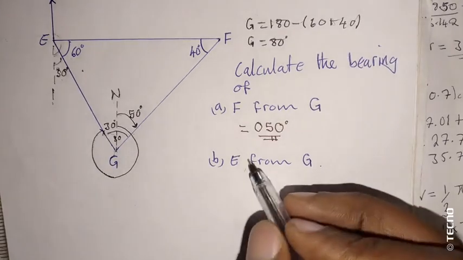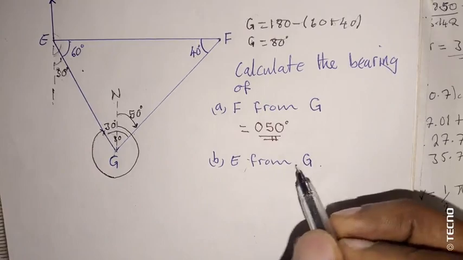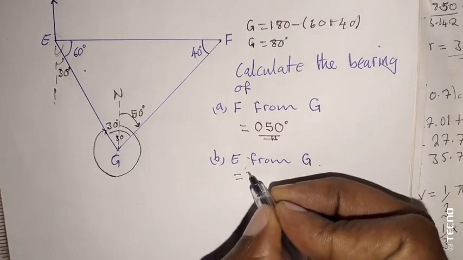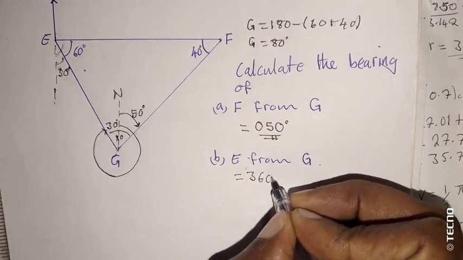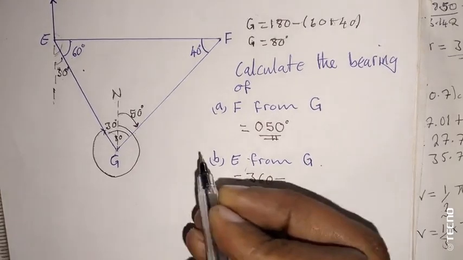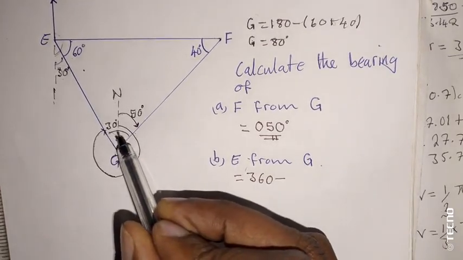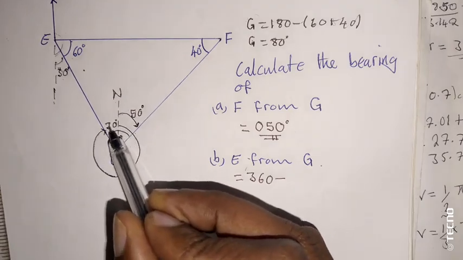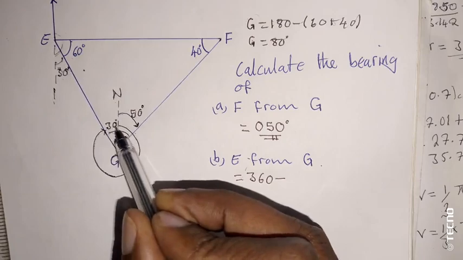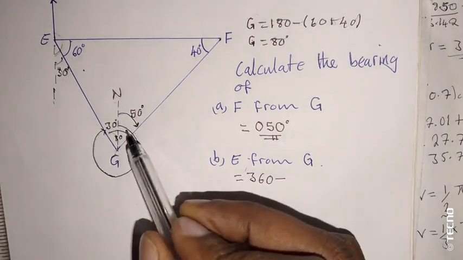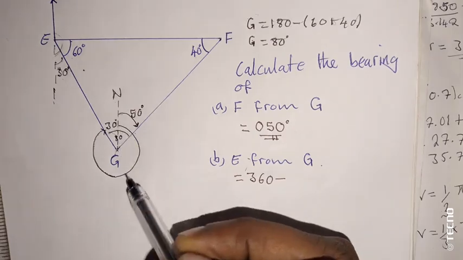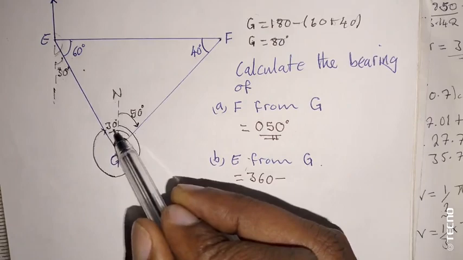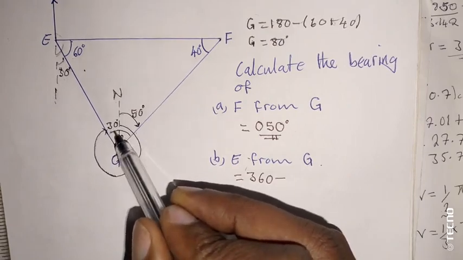So as you can see from here to there, it is almost 360. So the bearing of E from G is equal to 360, take away this part here, because we are not going to include this 30 degrees.